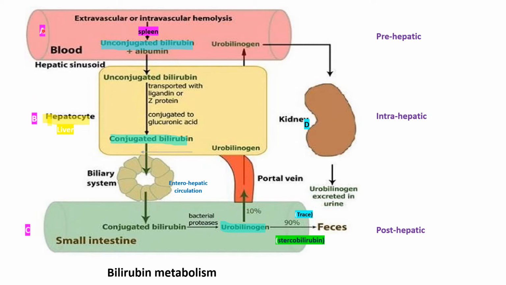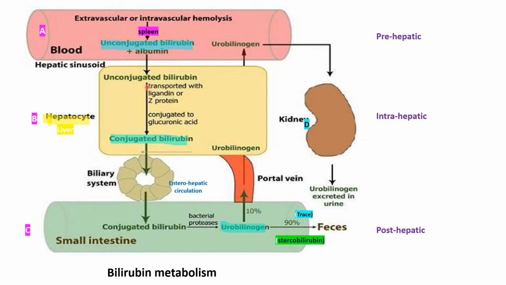The first is the extravascular field, or the blood, where the RBC is destroyed and that produces unconjugated bilirubin. This unconjugated bilirubin is not water soluble, and it is therefore combined with albumin to be transported into the liver, which is the second phase, or the second media of reactions.